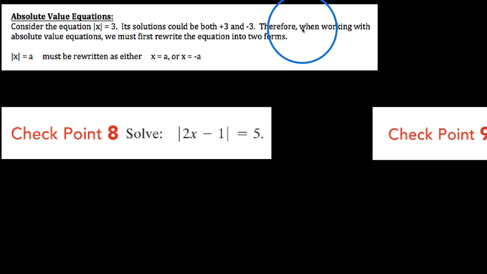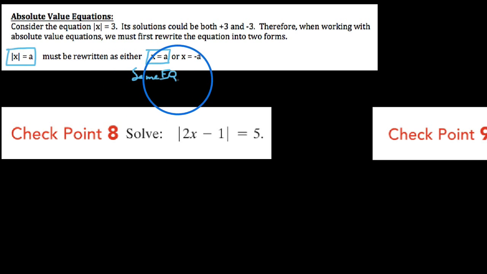So when we work with absolute value equations, what we'll do first is basically rewrite the equation into two forms. When you see an expression like this, and I'm going to assume a is some positive number, if the absolute value of x equals a, then let's rewrite it as x equals a, which is just the same equation, same EQ, no bars.